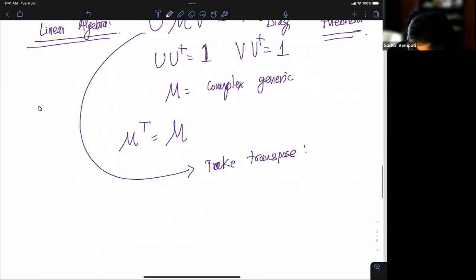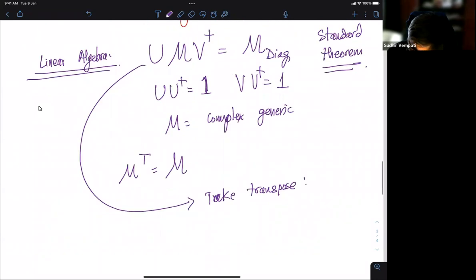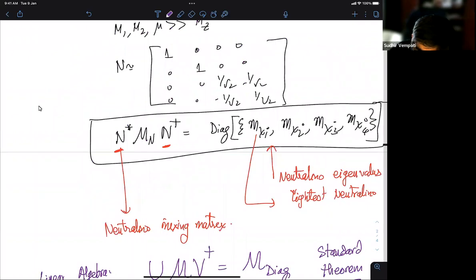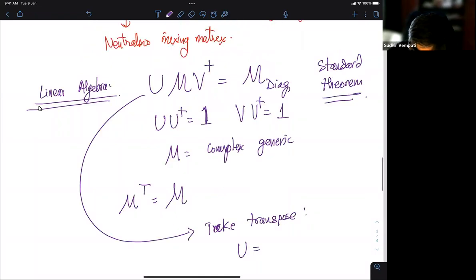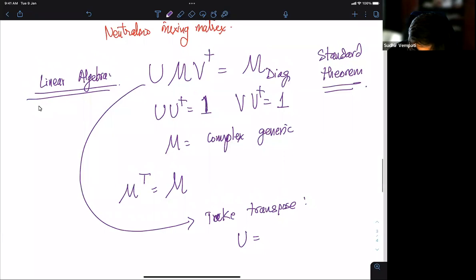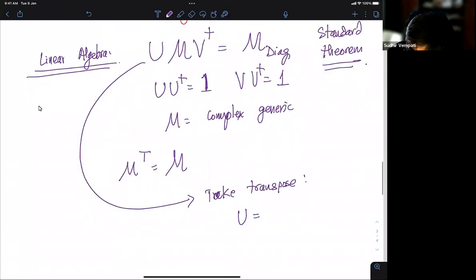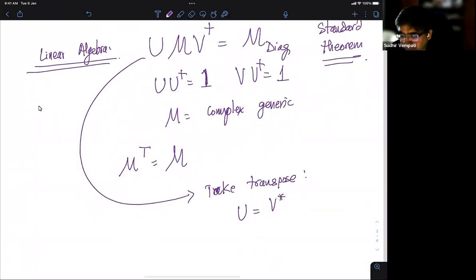When you do that, you end up with conditions like U is equal to V star. So U and V are not independent matrices, but related matrices. You can check it yourself.